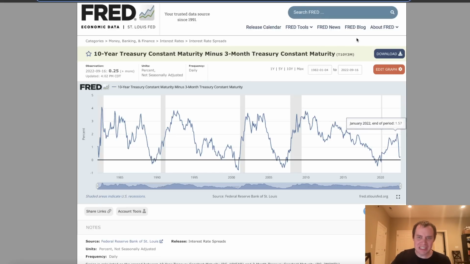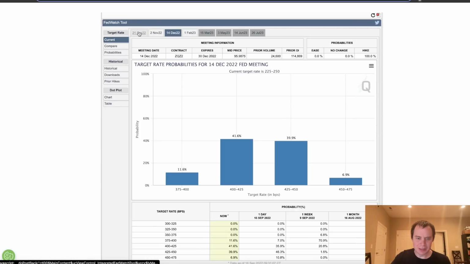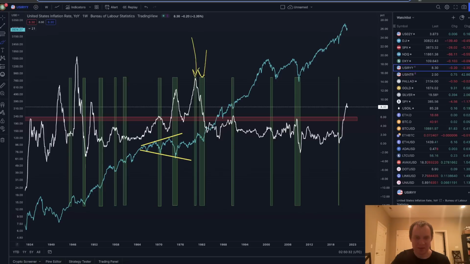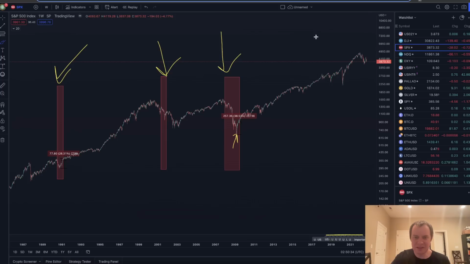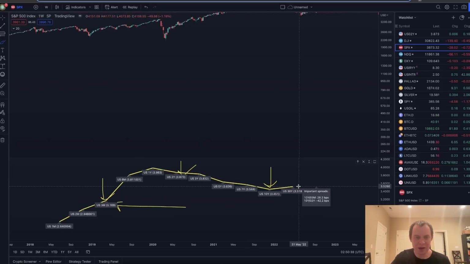So just consider this. And remember, as long as the Fed raises interest rates, which is what they're going to continue to do, more than likely, and we're showing that here, the odds are pretty high: 82% chance of a 75 basis point rate hike next week, 18% chance of a 100 basis point rate hike next week. As long as they keep raising interest rates, you're going to continue to see the yields go up.